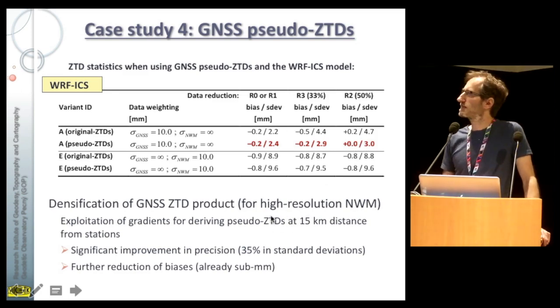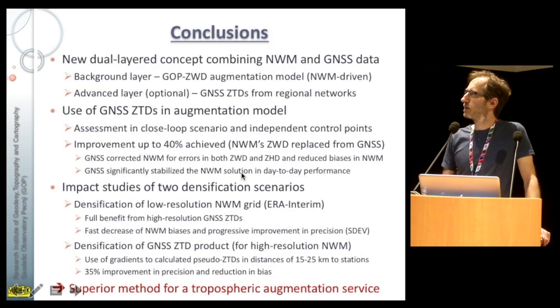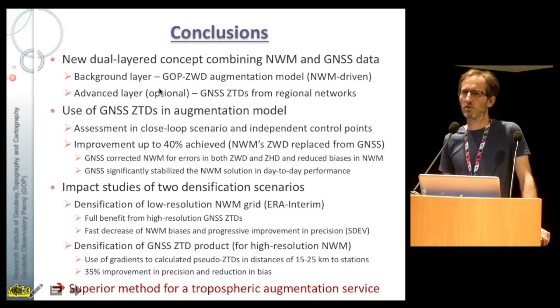And my conclusion is that we have developed this dual layer concept where we have a background layer, which is really a trustable one because it's a weather forecast with the same resolution over the whole area. And only this is an optional layer, which can take real benefit of the reference network in a local area, for example, a national reference network.